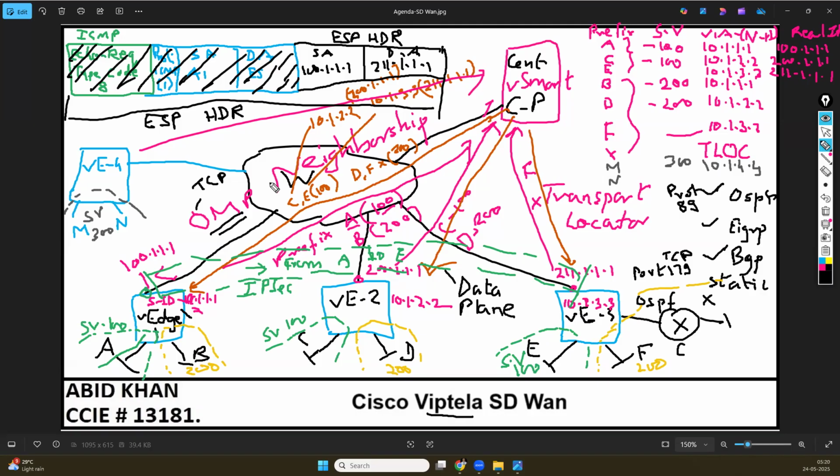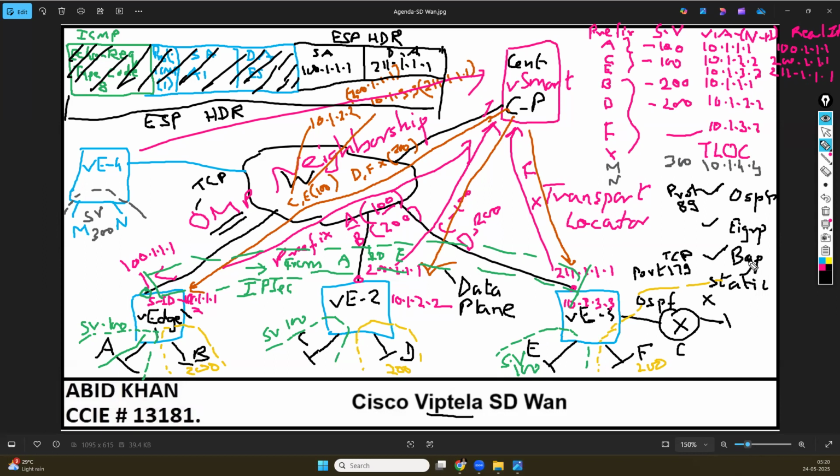And if it is a TCP based protocol, then it must have a port number. So any idea what is the OMP protocol TCP port number? It is very easy. When Viptela created OMP, they kept BGP in mind.